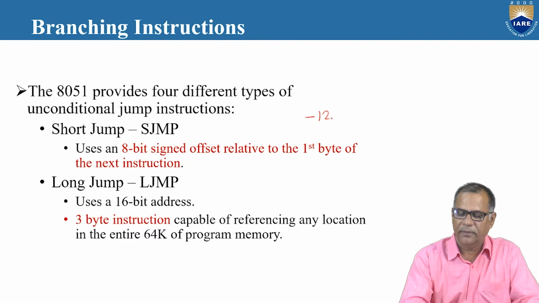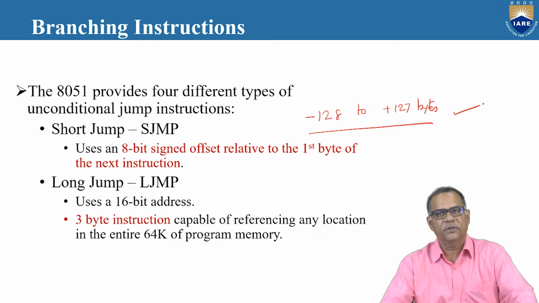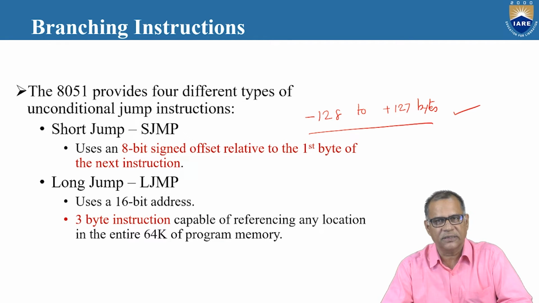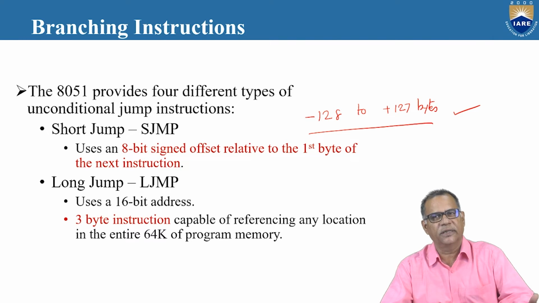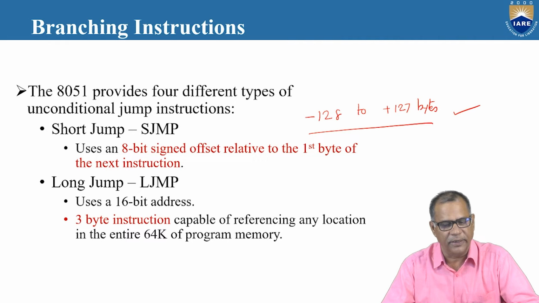Minus 128 bytes to plus 127 bytes. And in long jump, we use a 16-bit address, so obviously these are 3-byte instructions. These are capable of referencing any location in the entire 64 kilobytes of program memory.